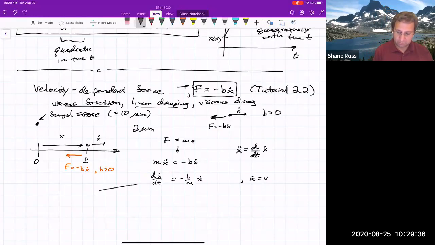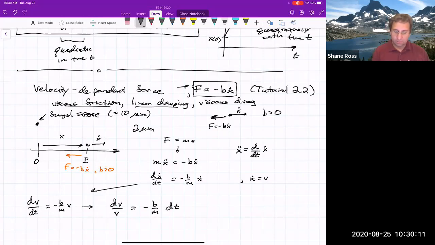So we've got dv dt equals negative b over m times v. Let's do separation of variables. On one side of the equation, we want all the stuff that has v, and on the other side, all the stuff that has time. So we will rewrite this as dv divided by v equals negative b over m times dt.